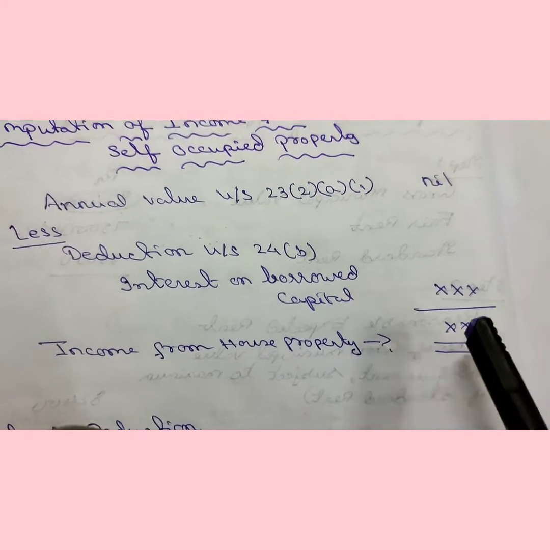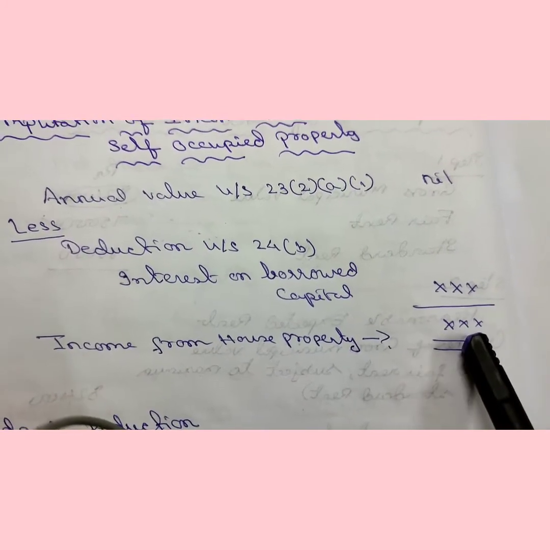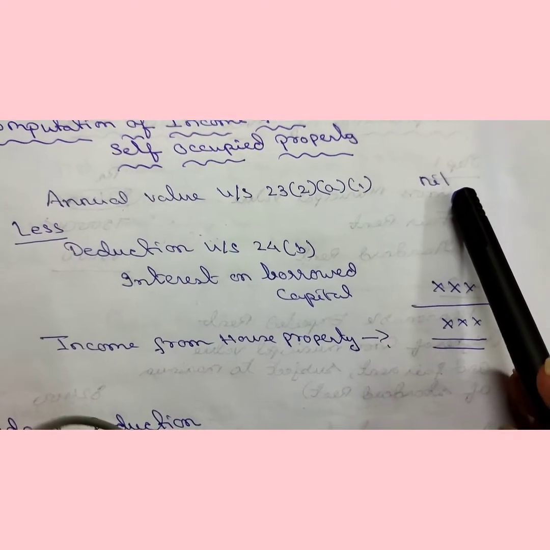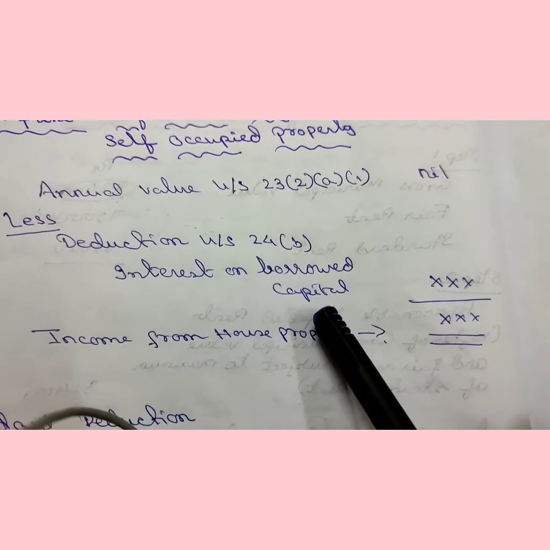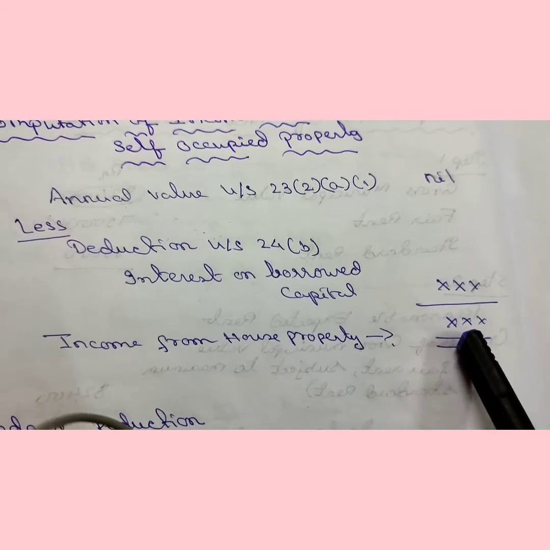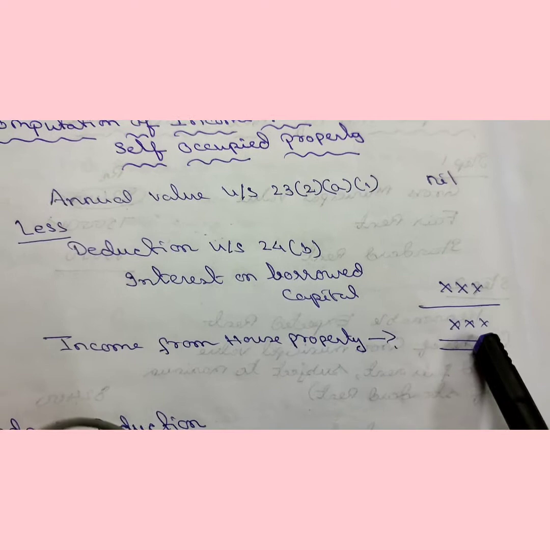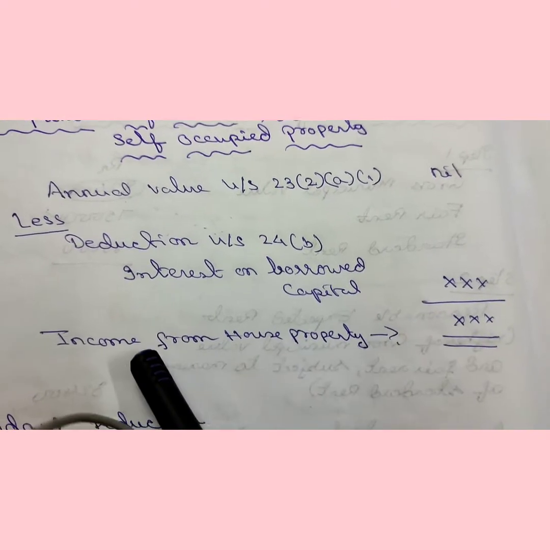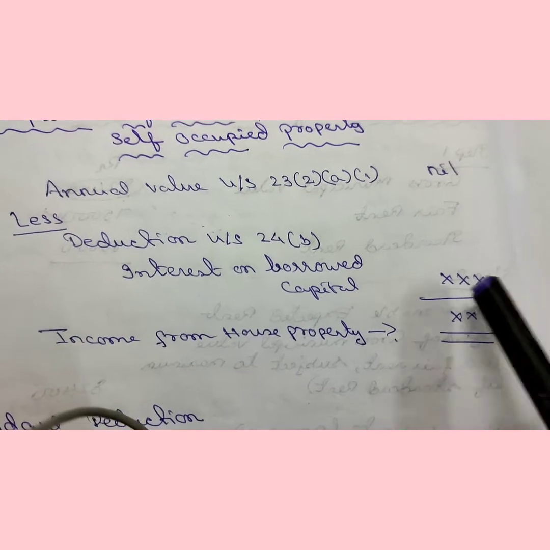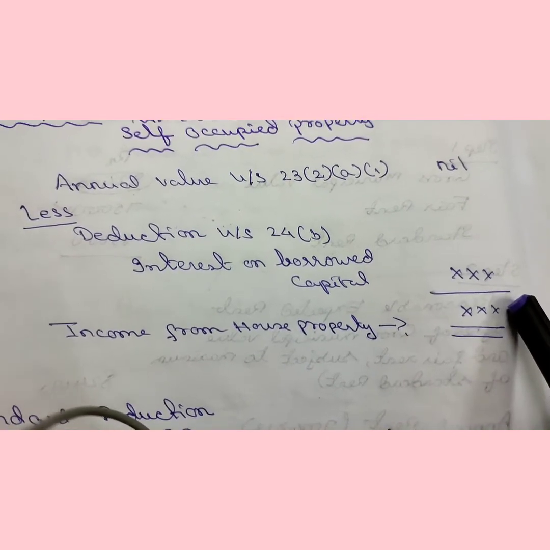So actually this is a loss from house property. If it is a self-occupied property and there is interest on borrowed capital, in that case income does not arise. Here loss arises from the property. We will write income from house property with a negative sign or with a bracket.